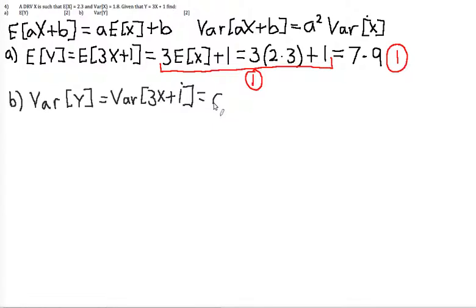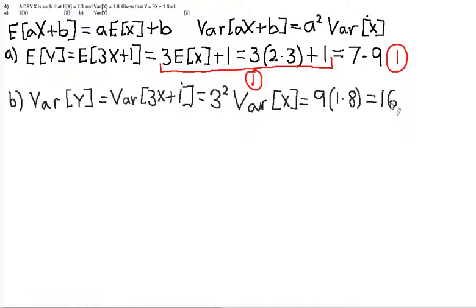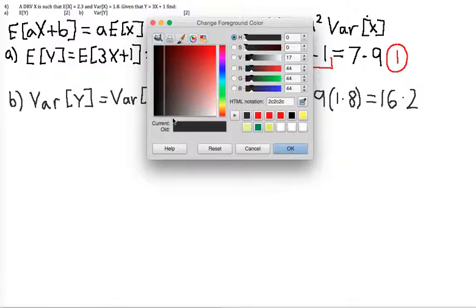So I'm going to get 3 squared times the variance of x. So when we work through this, I'm going to get 9 times the variance of x, which was 1.8. And so when I evaluate this, we're going to get an answer of 16.2.